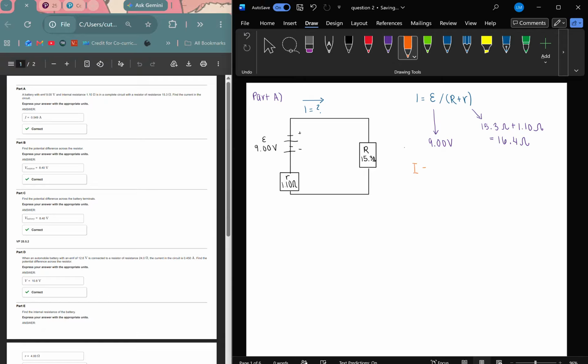So we're trying to find I, the current, and we're gonna put 9.00 volts and divide that by 16.4 ohms, and that's gonna give me, let me put it in my calculator.